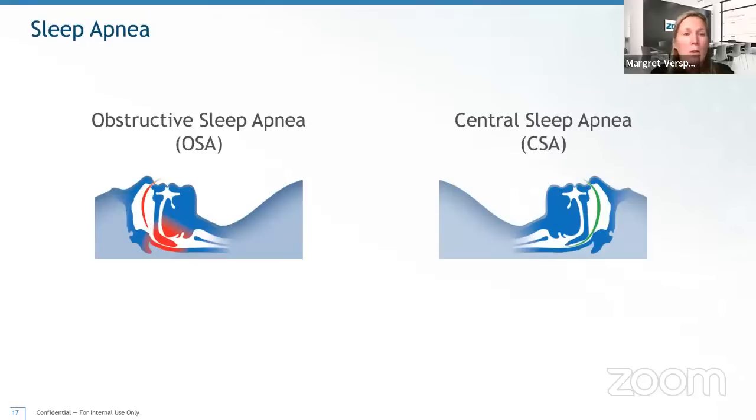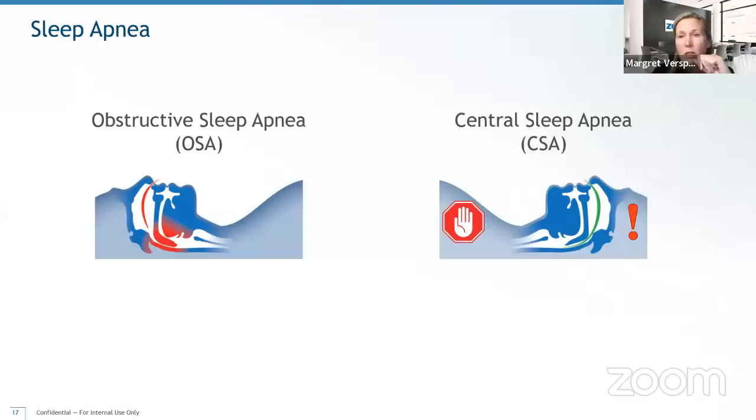So this is the most common one, obstructive sleep apnea, but we also have central sleep apnea. In central sleep apnea, there's no obstruction of the upper airway. But from the breathing center in the brain, there's no signal to breathe, so there's no drive to breathe. Your breathing center says stop breathing, so you stop for a while, and then you resume breathing again.